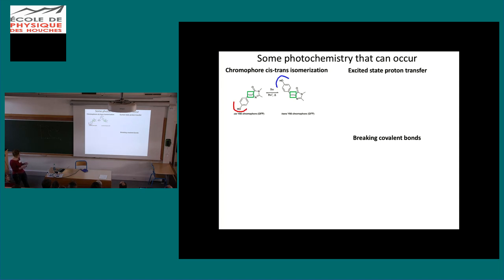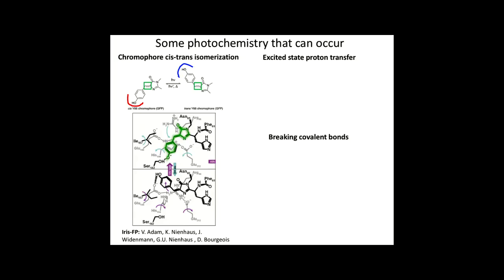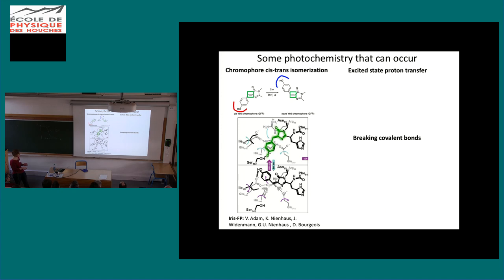And it's not hard to imagine that if you undergo this rotation in the excited state, that this phenol moiety here is going to be in a different chemical environment. And indeed, we've seen a lot of examples, references to Iris FP, and this is some beautiful work by many of our speakers and organizers here, where they looked at the crystal structure in different states.